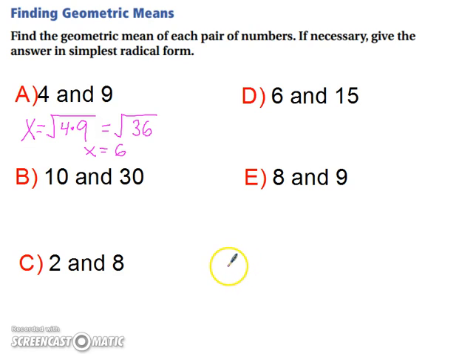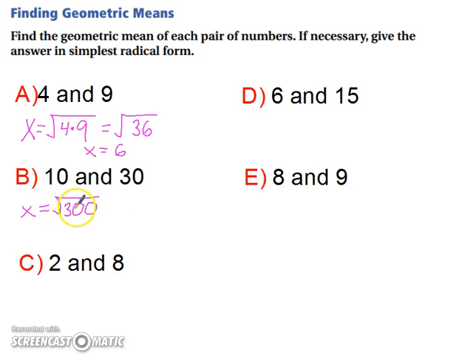Now that you've had a moment to try B, C, D, and E, let's see how close you came. For B, we want x equals the square root of 10 times 30, which is 300. Well, there's no nice square root for 300.